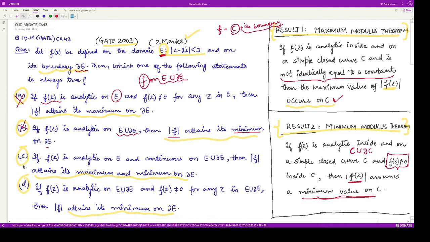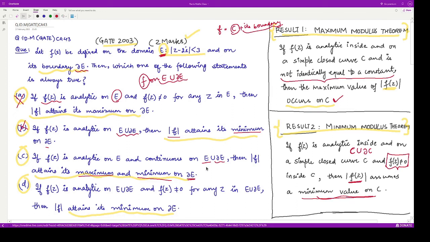Moving on to the third option, they are saying if f(z) is analytic on E and is continuous on E as well as its boundary, then the modulus of f attains its maximum as well as minimum value on its boundary.